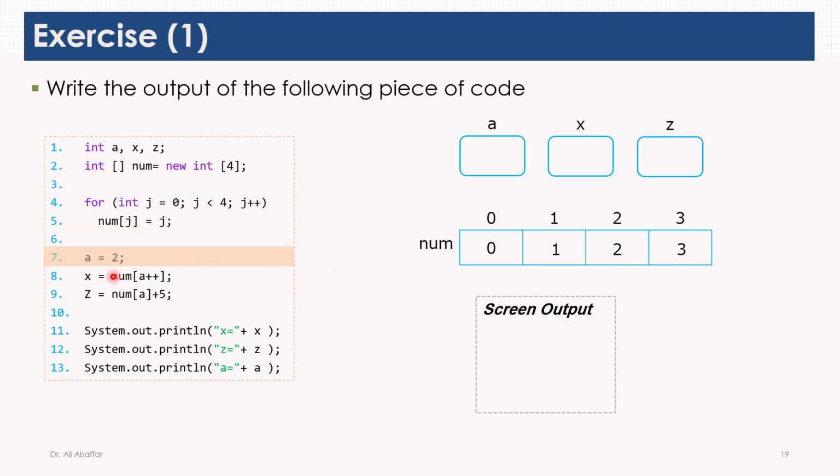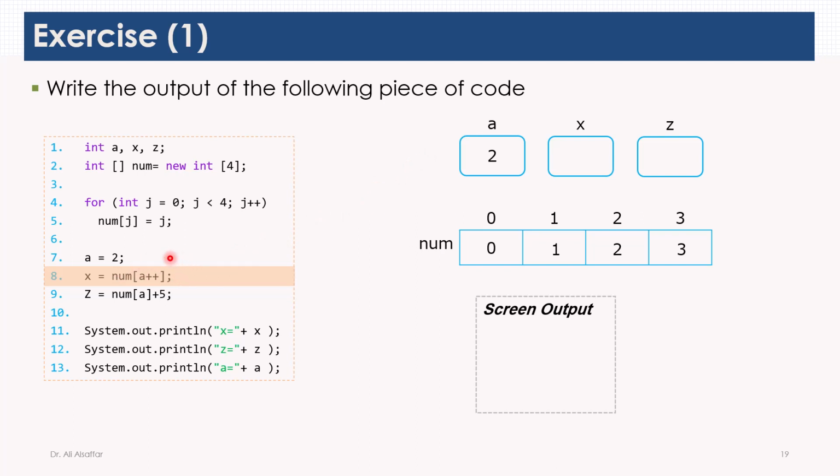When we go to line number 7, we are assigning 2 to the variable a. A was empty, was not created, and now when you assign 2 into it, then it will be created in the memory and will be assigned the value 2. In line 8, we are using a as an index to the array num, but we are using a plus plus around a.